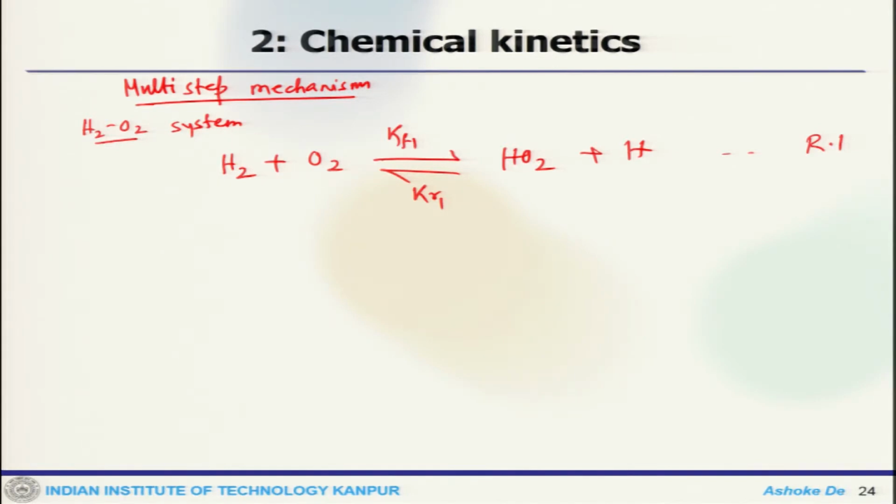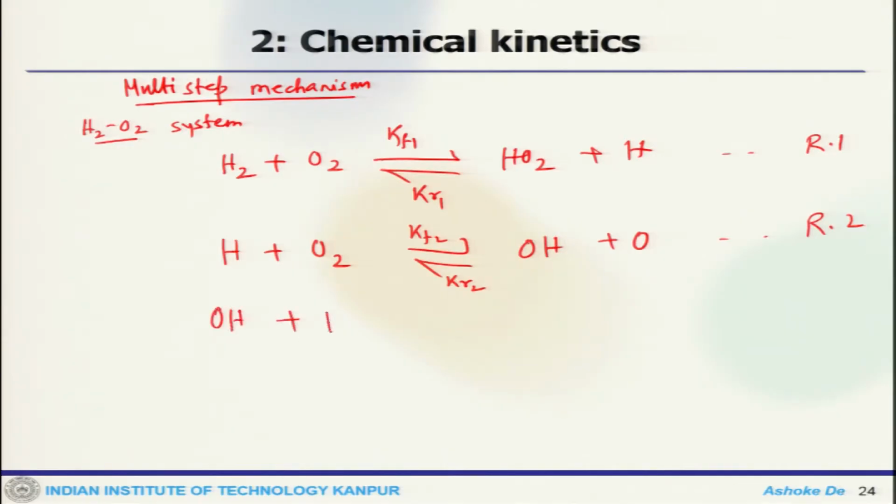So, reaction 1, H2 plus O2 goes to HO2 plus H. KF1 is the forward coefficient and KR1 is the reverse coefficient. Similarly, H plus O2 with KF2 forms OH plus O, KR2. This is your reaction 2. The third one is OH plus H2 going with KF3, and the reverse one will be H2O plus H, KR3. This is R3.